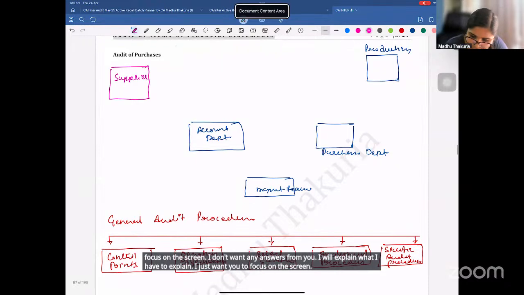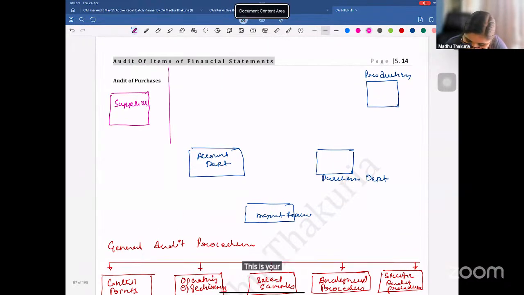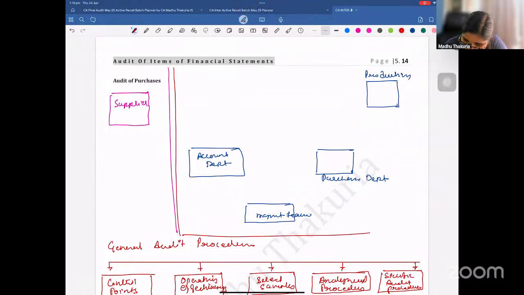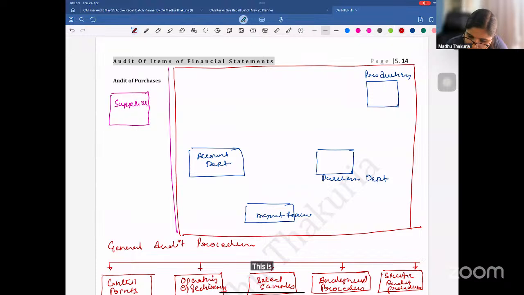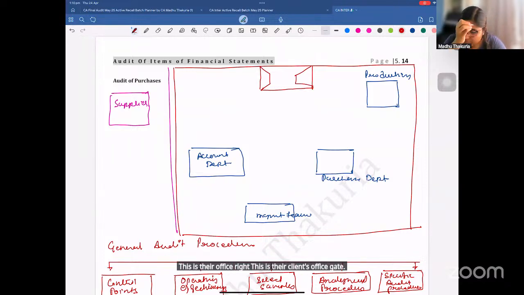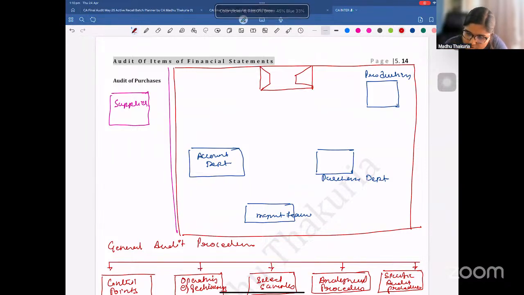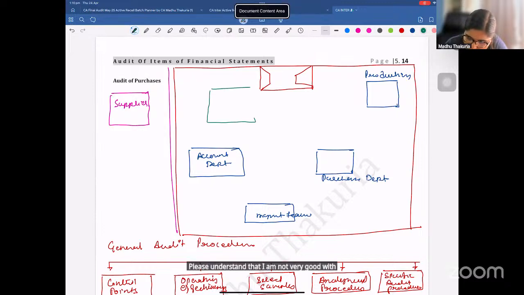This is your client. This is your client's office. This is their office, right? This is their client's office gate. Please understand that I am not very good with drawing.